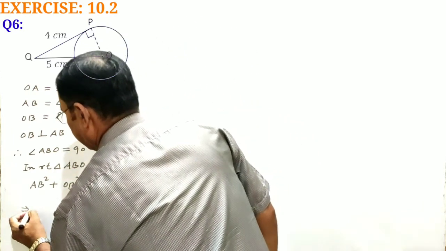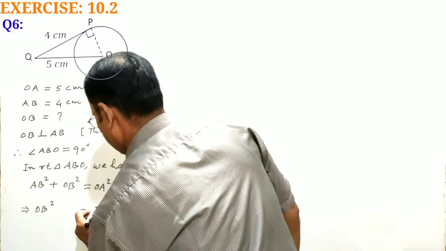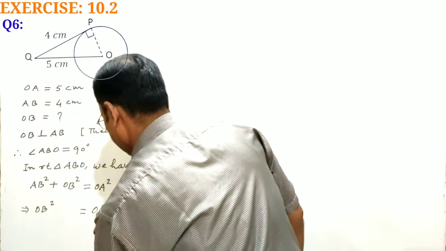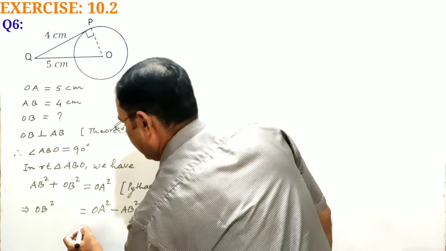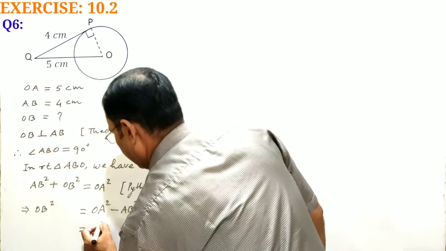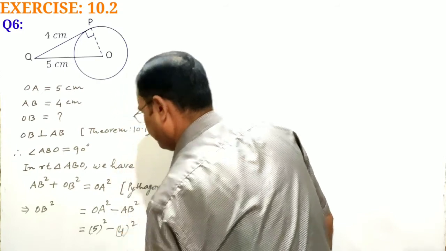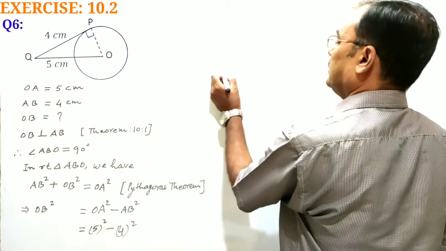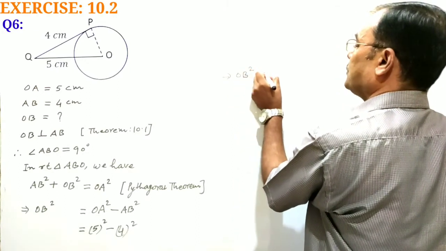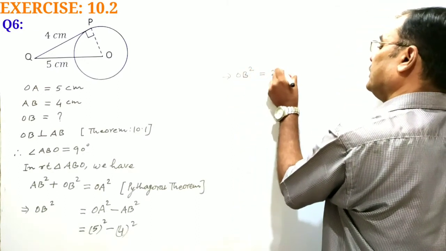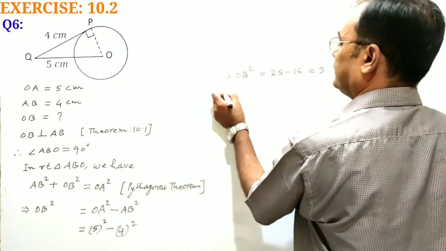And this implies OB square is equal to OA square minus AB square, and this is equal to 5 square minus 4 square. So OB square is equal to 25 minus 16 equal to 9.